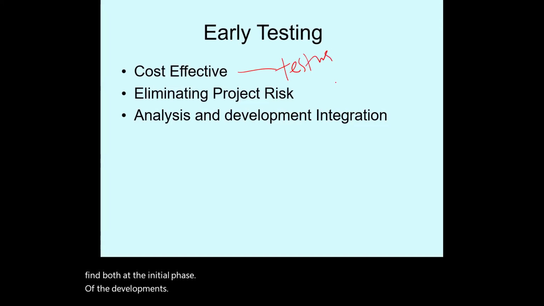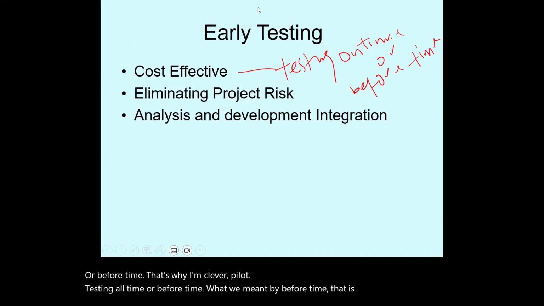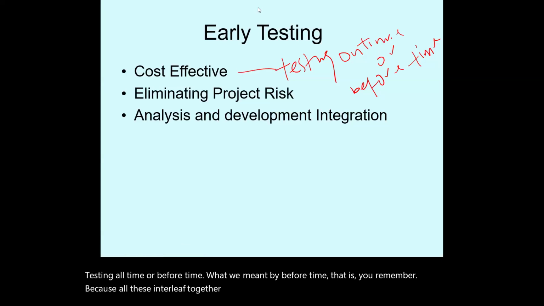Testing on time or before time, that's what you can even call it. What we mean by before time, you remember, because all this is interlinked together, that's why I hope you are taking your notes.